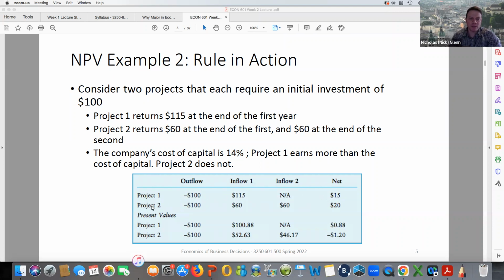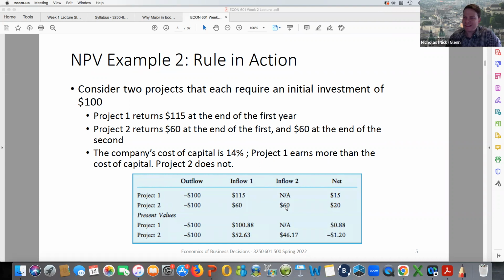All right. Whereas project two, it's the same way. It's going to cost $100, this initial investment, but it's going to give you $60 of revenue at the end of the year, and then 60 more 2 years from now. Okay. So what does this show? Well, you have $120 of revenue coming in.